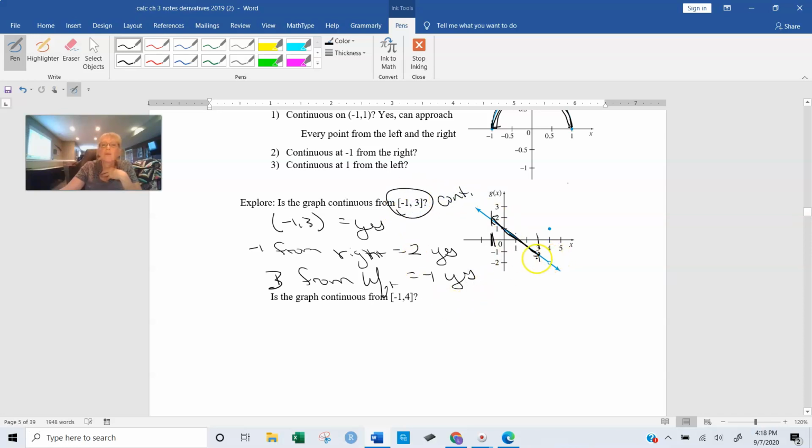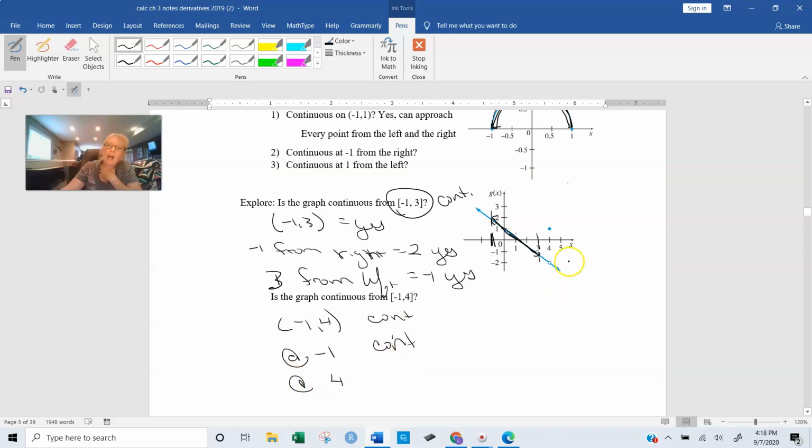How about from -1 to 4? Well, we know the open interval from -1 to 4 is good, it is continuous. We know at -1 we have a value, right? So this is continuous here. And let's look at 4.